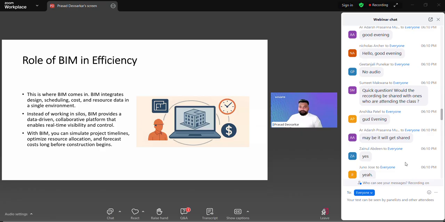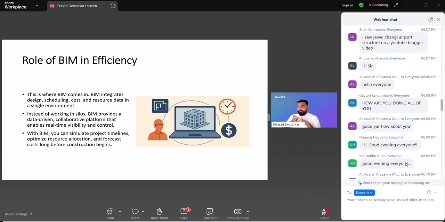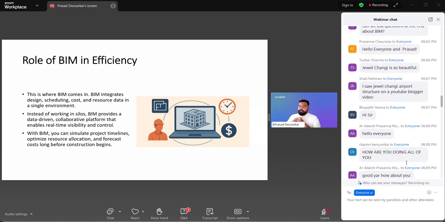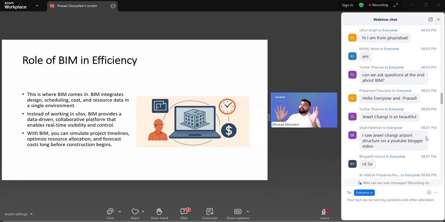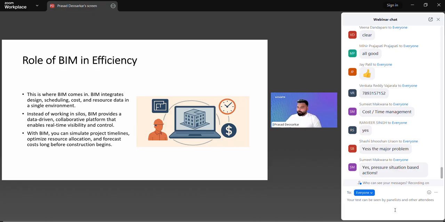Now, BIM can integrate design, which we already know. You can create 3D models based on the design. Architect tells you, okay Prasad, I have an idea. I want to create a shopping mall in a desert that is 30 stories tall, and you dedicate one floor for one store.